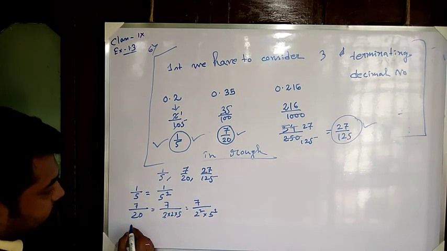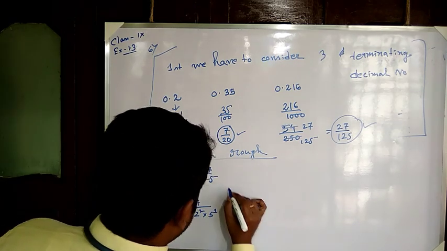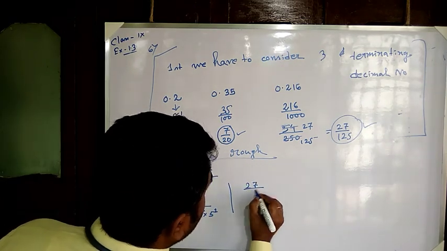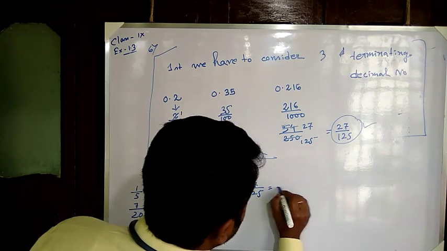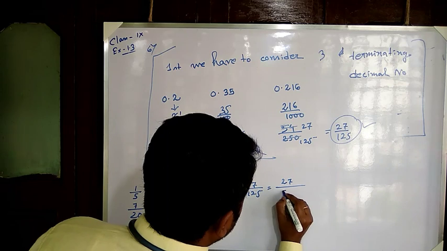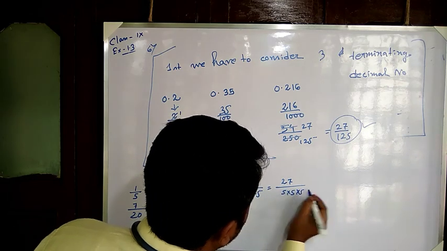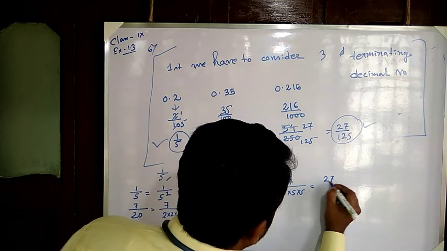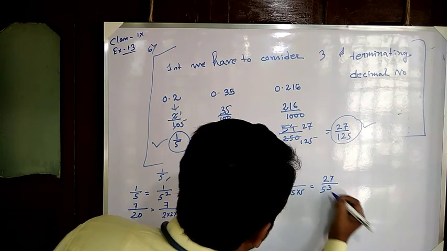Last one, 27 by 125 equals 27 by 5 into 5 into 5, equals 27 by 5 cube.